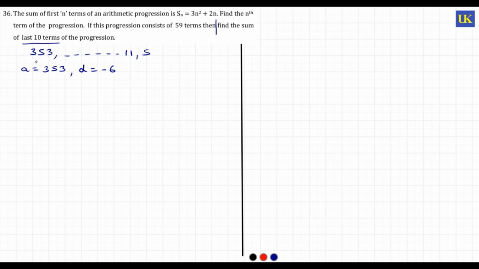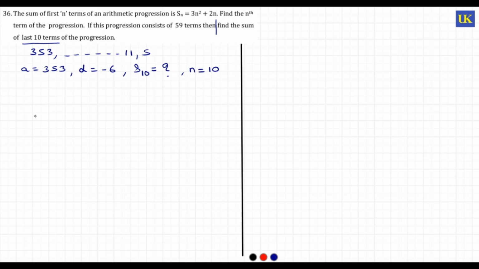Remember this thing when they ask the sum of terms from the last, then the common difference has to be taken with a negative sign. Okay. Then we have to find S10, the sum of last 10 terms, and the n value will be 10 because we want the sum of last 10 terms.